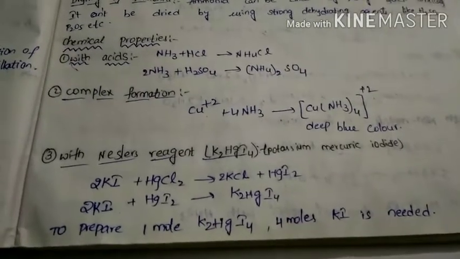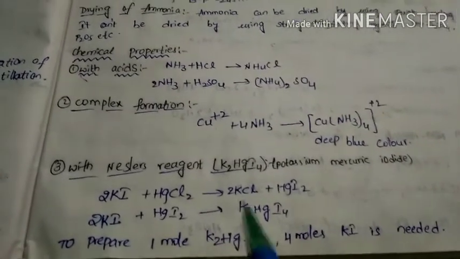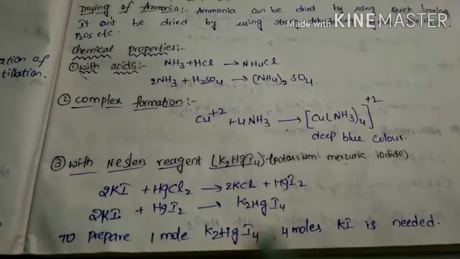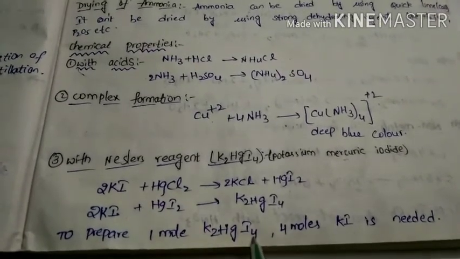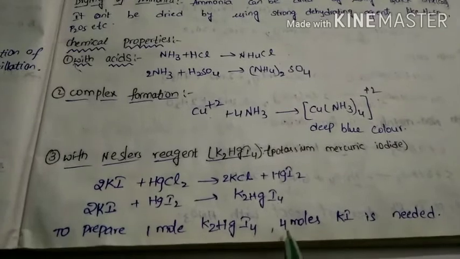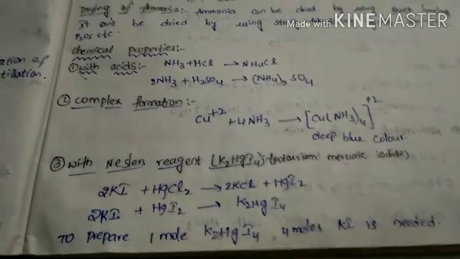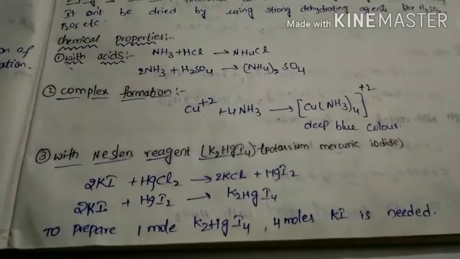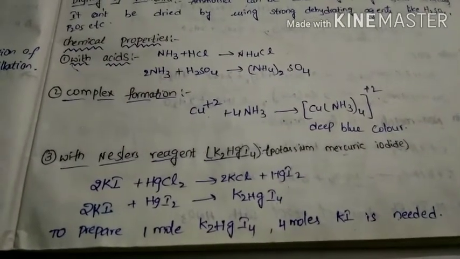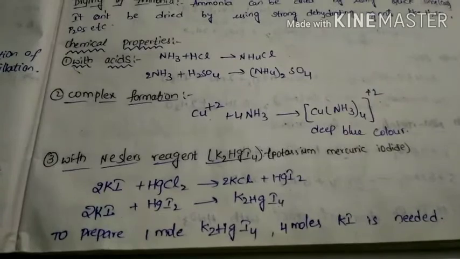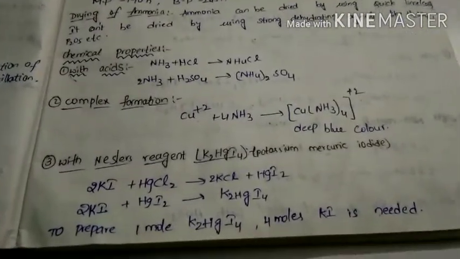Here one important point is there regarding this one. To prepare 1 mole of K2HgI4, we need 4 moles of KI. 2 plus 2, 4 moles of KI is needed. Then suppose to make 1 mole KI, how many moles of K2HgI4 are needed? Such types of questions we face at competitive level.